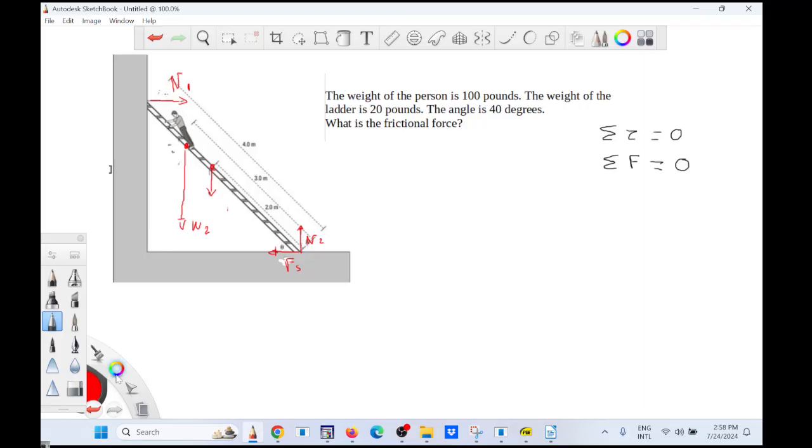It's in equilibrium. So let's do force. First, let's do the sum of the torque equals 0. So you can compute torque different ways.